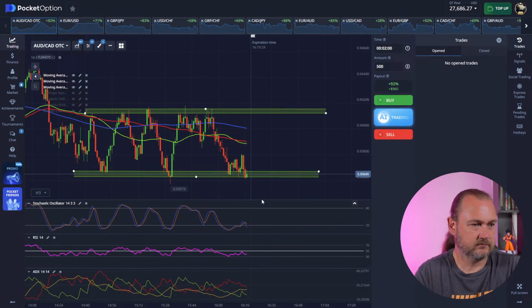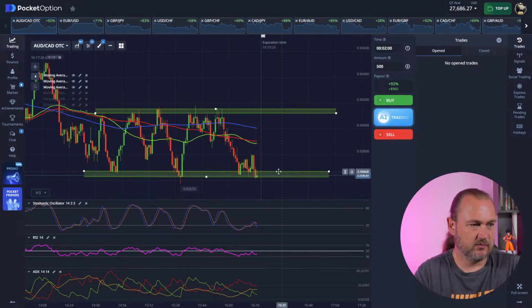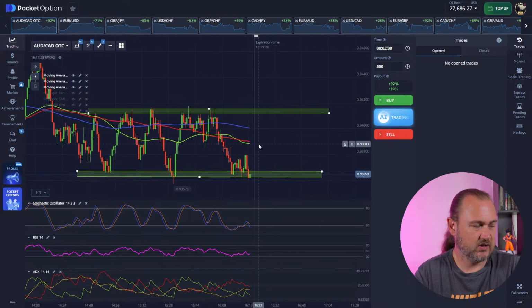Okay, let's see what this is doing. Coming back to this asset, AutoCAD, it's still struggling with this level.